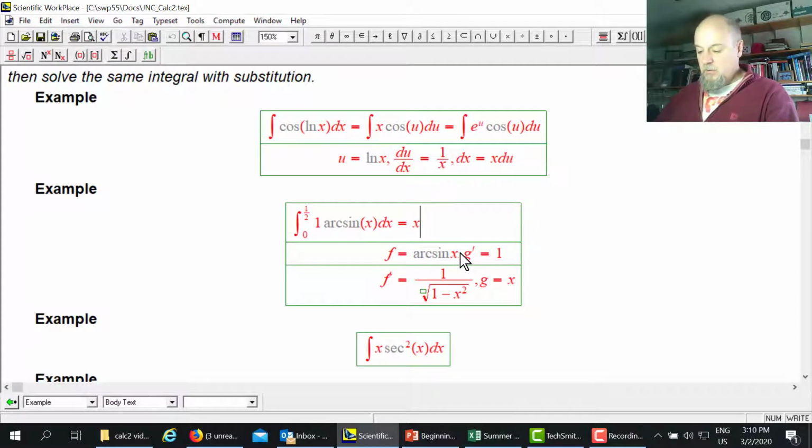So now we can plug this in as the two pieces. F times g, so x arc sine x minus the integral of the two things I made.